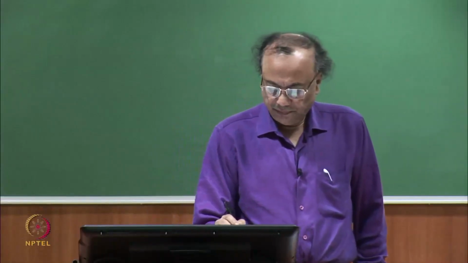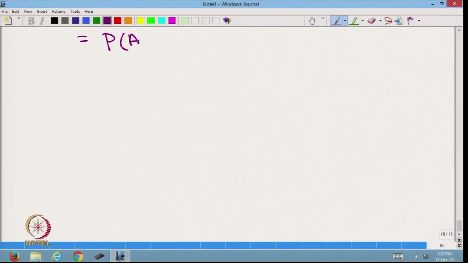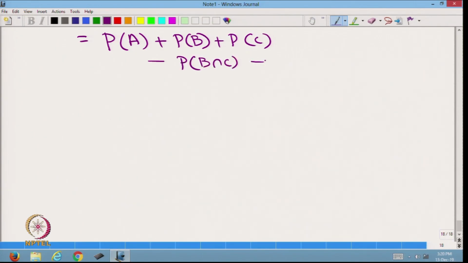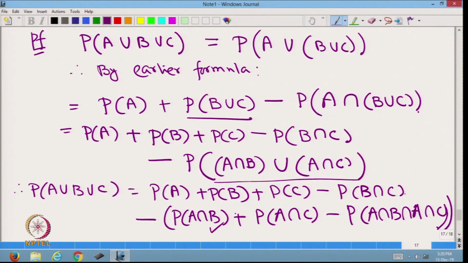which is equal to probability of A plus probability of B plus probability of C minus probability of B intersection C minus probability of A intersection B minus probability of A intersection C, and now this minus becomes plus.